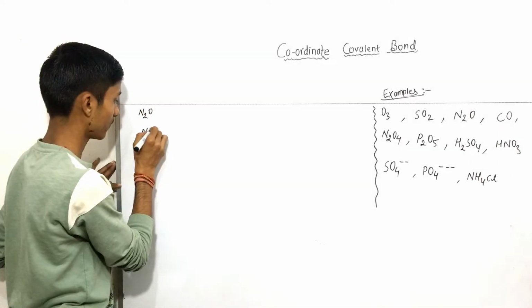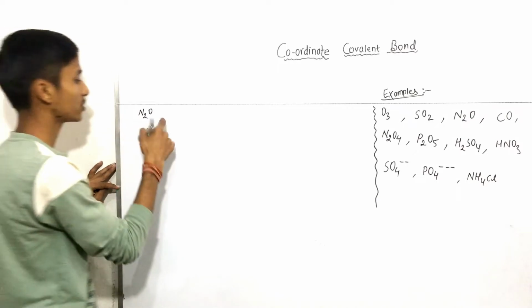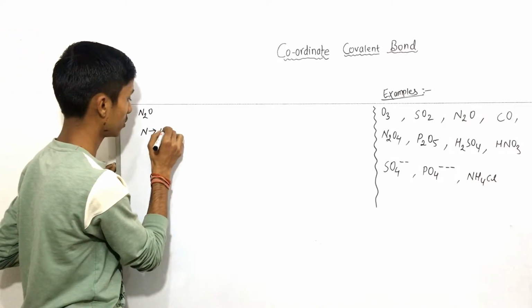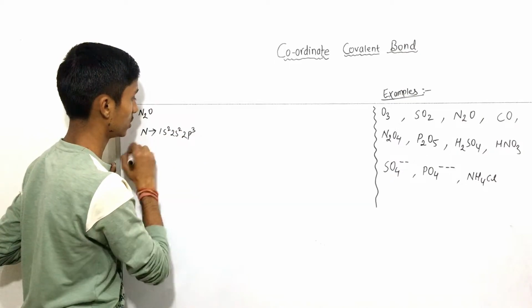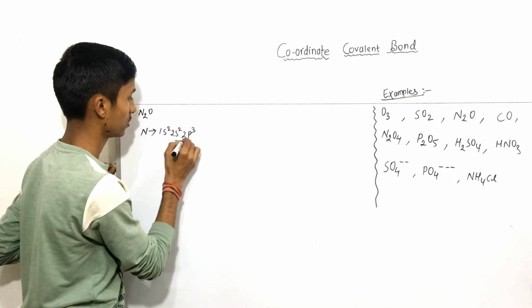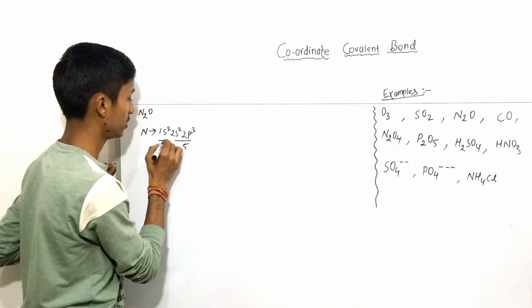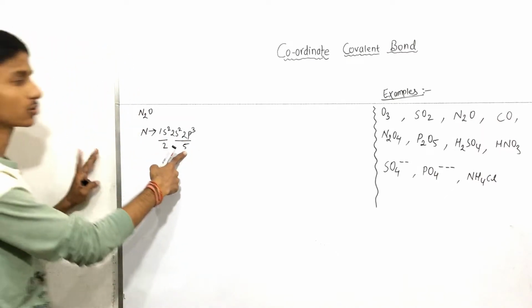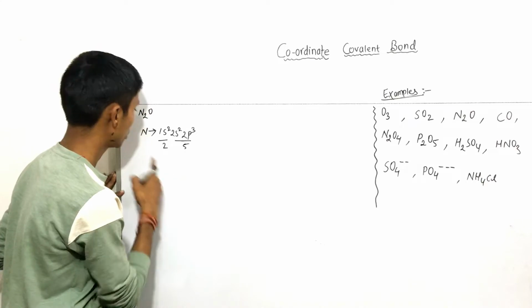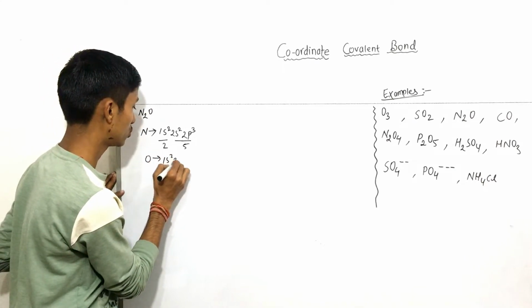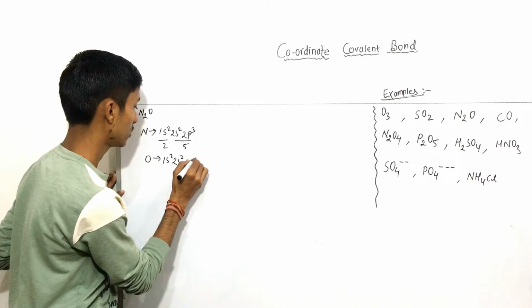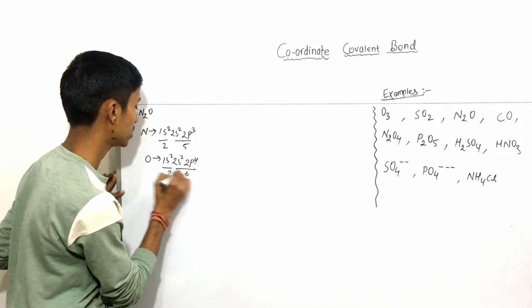N2O. The atomic number of nitrogen is 7. So here 1s2, 2s2, 2p3. Here this 3 to 5 and here 2. 5 valence electrons for nitrogen. And for oxygen we know 1s2, 2s2, 2p4, this 6 and this 2.